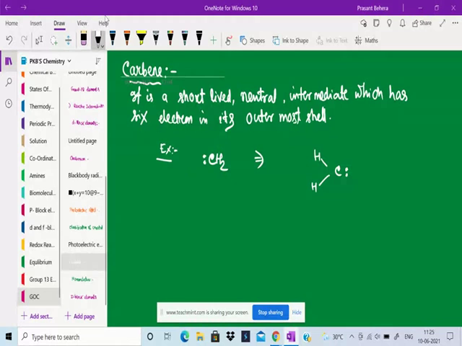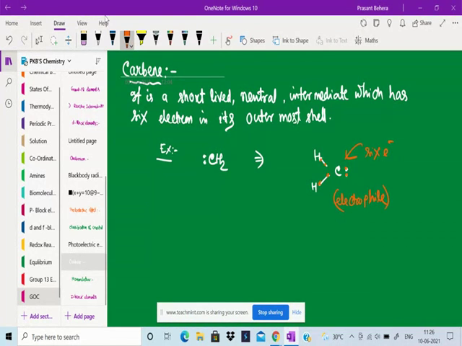That means it has 6 electrons: 2, 2, and 2 electrons in its valence shell. That means 6 electrons are there, less than 8. So it acts as an electrophile.